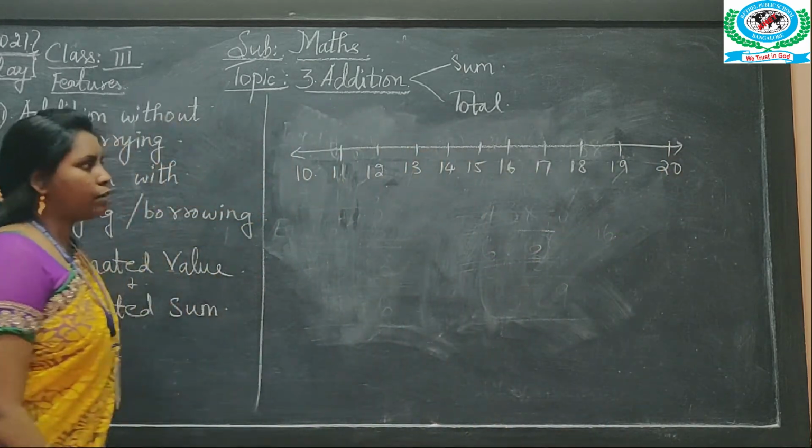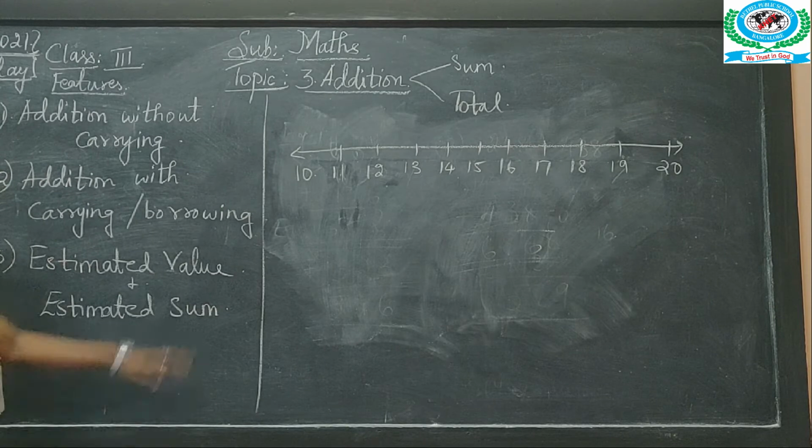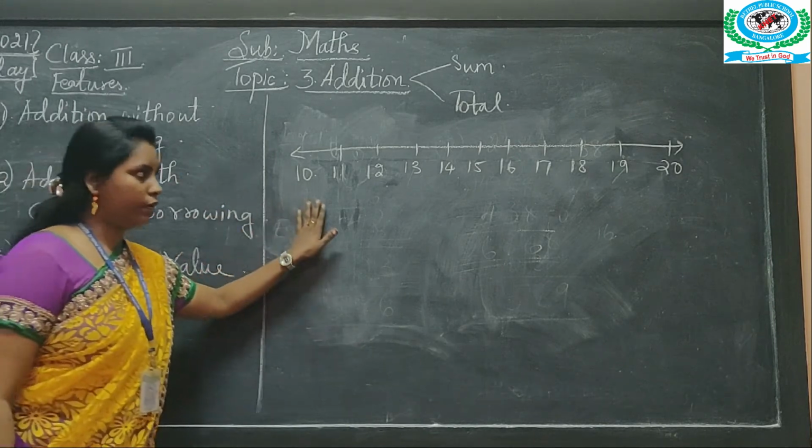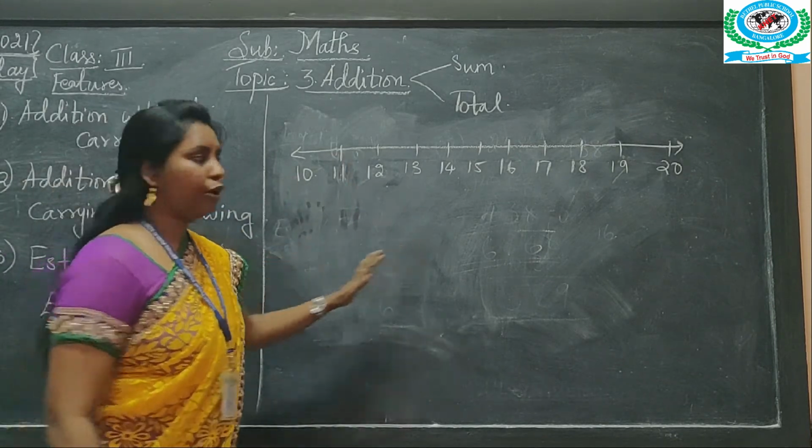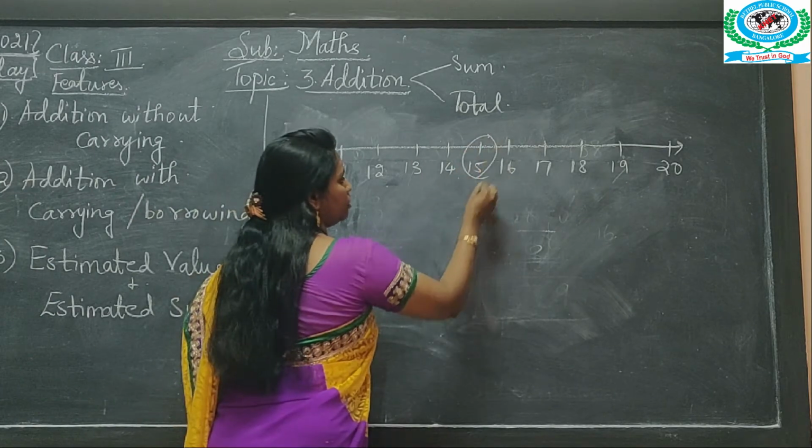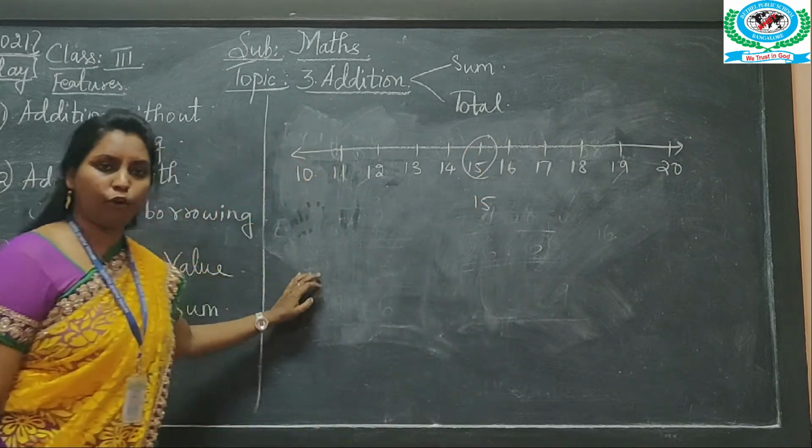Okay, so this is our number line from the numbers 10 to 20. So what you are going to do here is, which is the middle point here? So 15 is the middle point here.